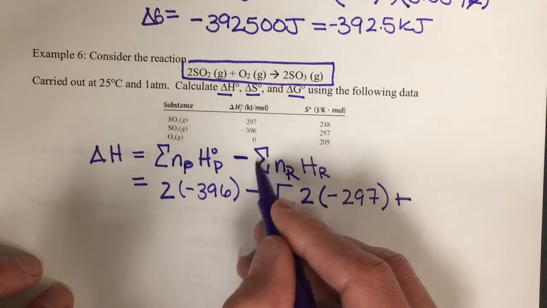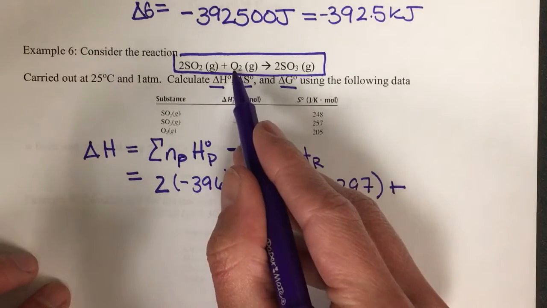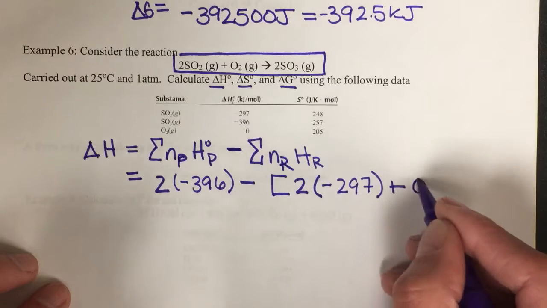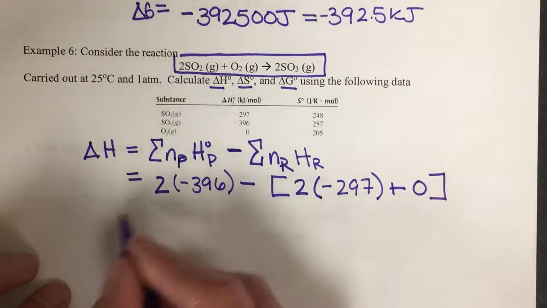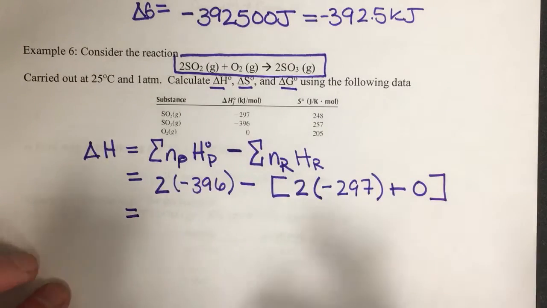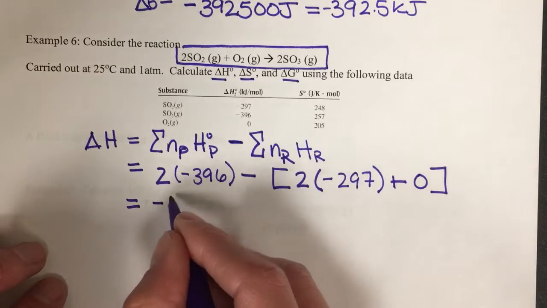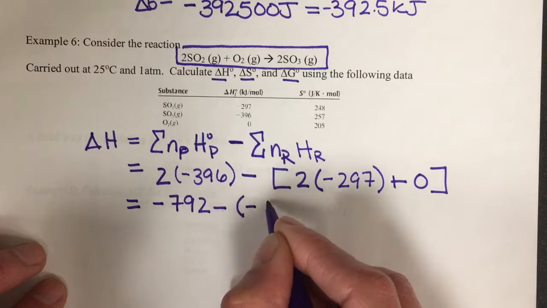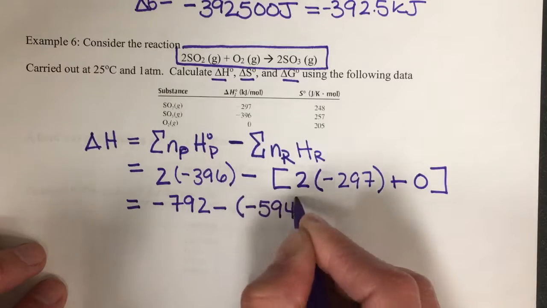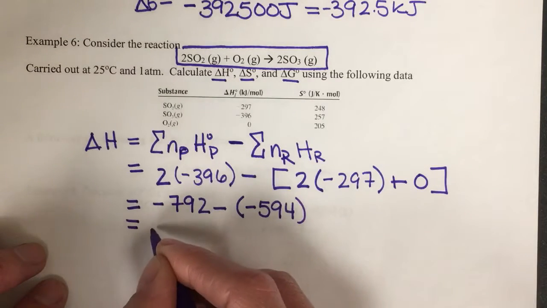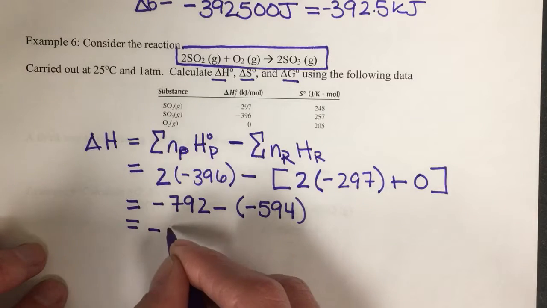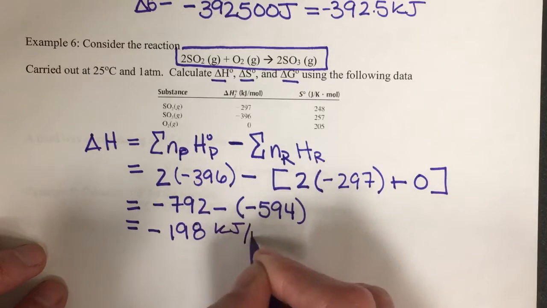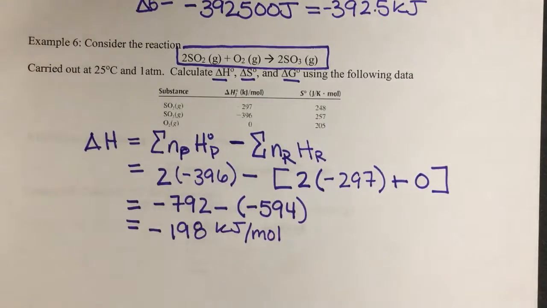Plus, because this is the sum, I've got O2. My O2 is 0. So when I plug this in, I've got negative 792 minus negative 594. So I get negative 198 kilojoules per mole. Okay?